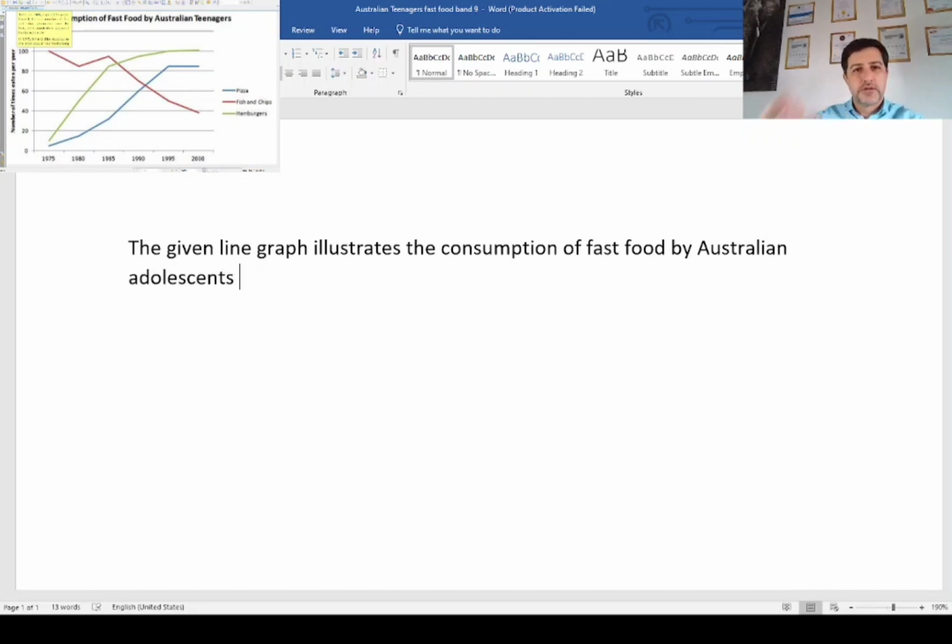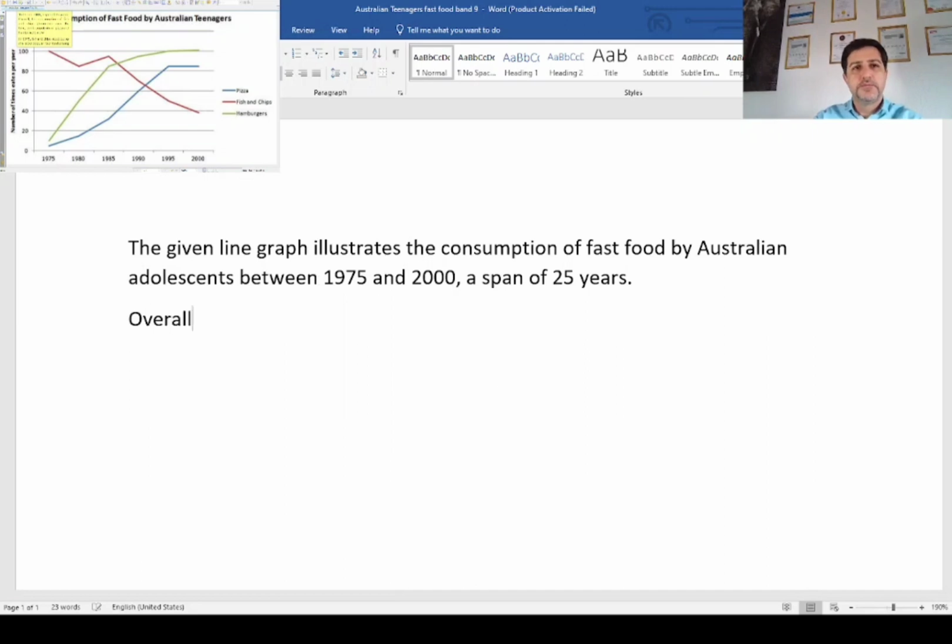See, I just use a synonym. Between 1975 and 2000, a span of 25 years. That's another way to mention how long it was. Okay, now I can go to the next paragraph and write my overview.